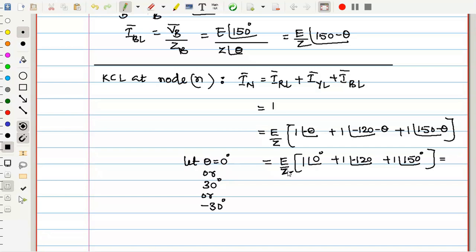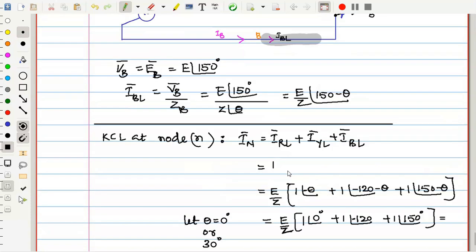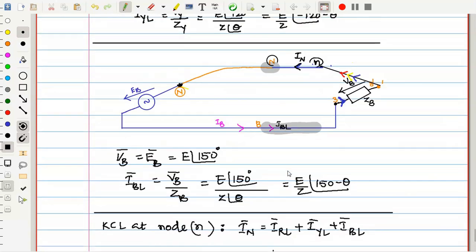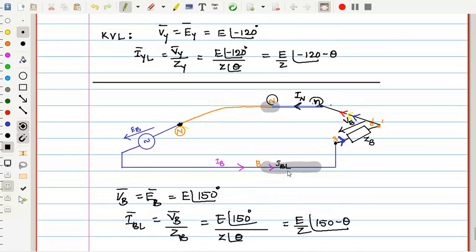No, this is not 150, no? Why did we take 150? B phase is not 150. That is the mistake. That might be the reason you are getting this. So nobody is pointing out, which means you all are not listening in class. B phase voltage is how much? Minus 240 or plus 120? These are phase voltages, not line voltages. So plus 120 I am considering.